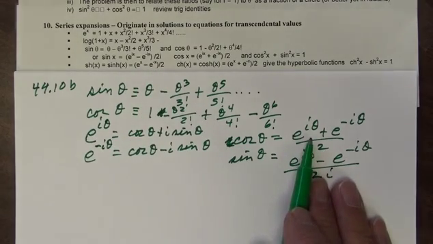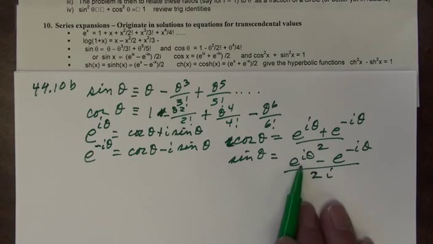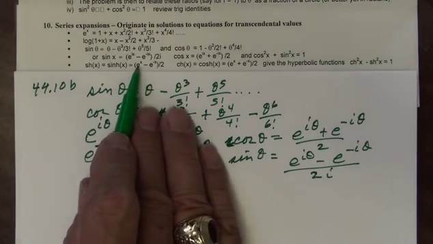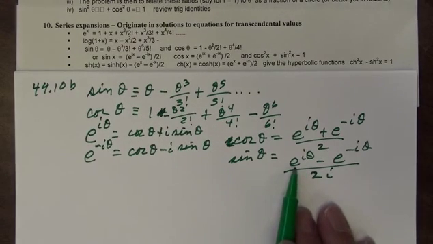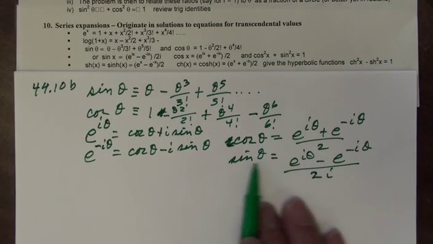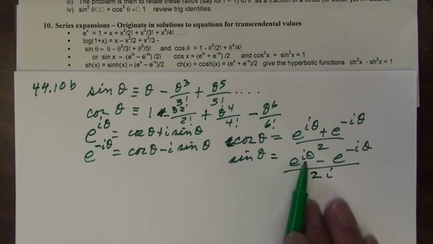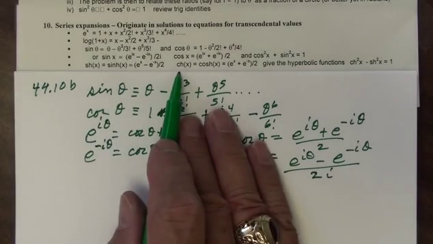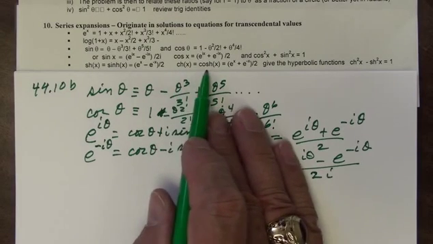Notice the similarity between the sine and the hyperbolic sine. Here's e to the x minus e to the minus x. Here's this. So it's as though it's a sine of an imaginary number, which would take that imaginary i and get rid of it.